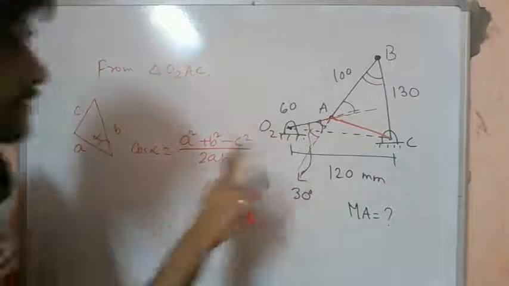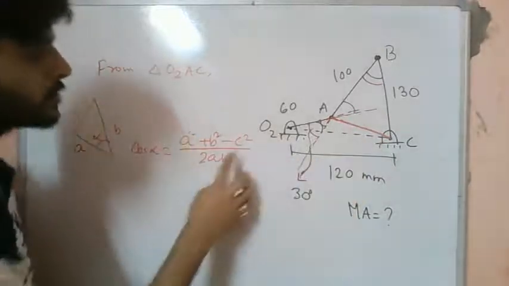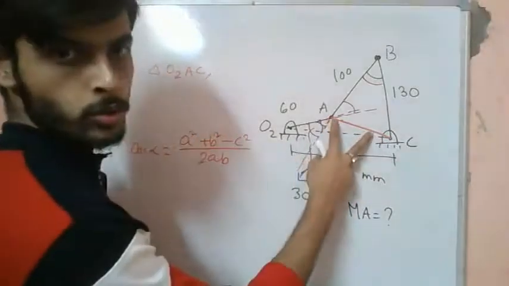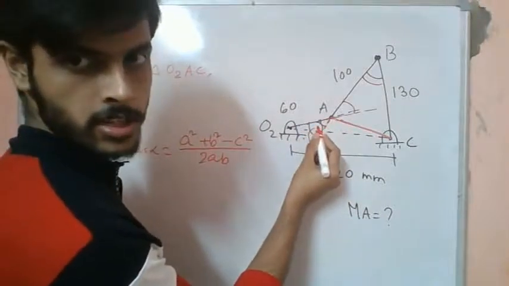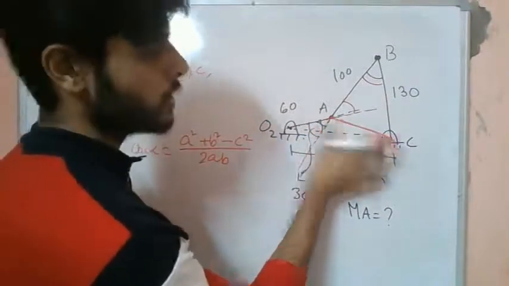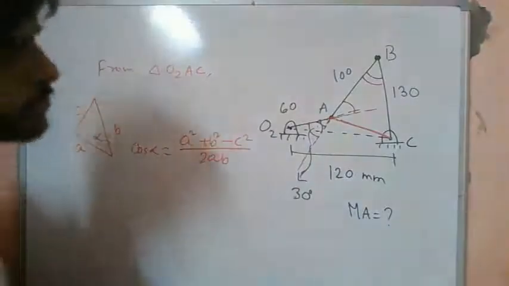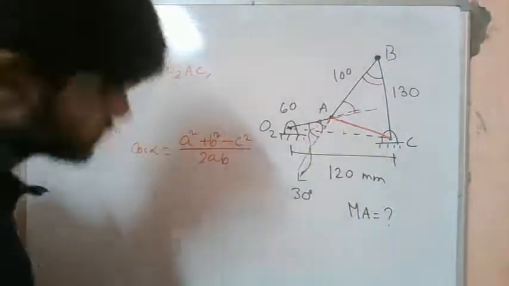We will use it over here to determine AC. We don't know AC, but we know this angle is 30 degrees. This is given in the question. We will use this to find the length AC.